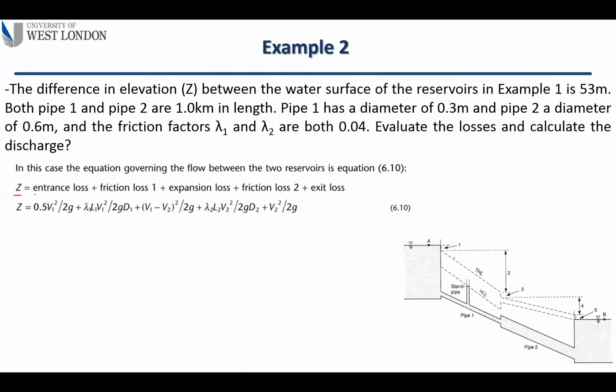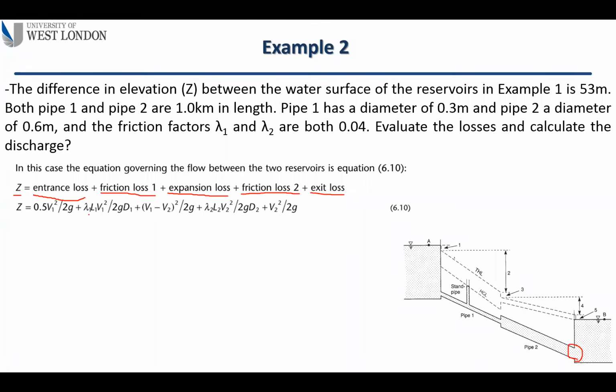The energy head losses include the entrance head loss, the friction head loss of pipe 1, the expansion head loss between the two pipes, the friction head loss in pipe 2, and the exit head loss at this exit point. We learned before that the entrance head loss is half times the velocity head in the pipe, so it's 0.5 V1 squared over 2g, where V1 is the velocity in pipe 1.